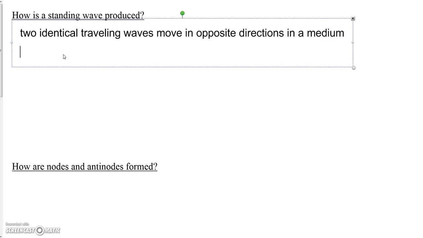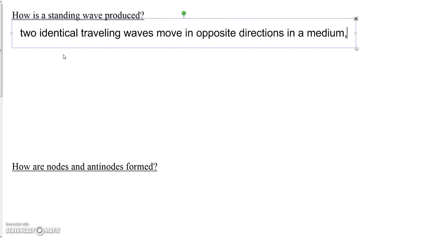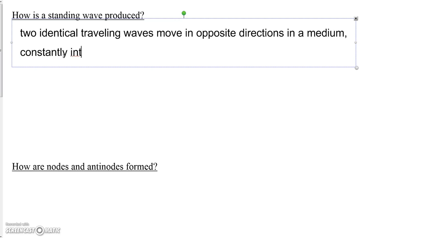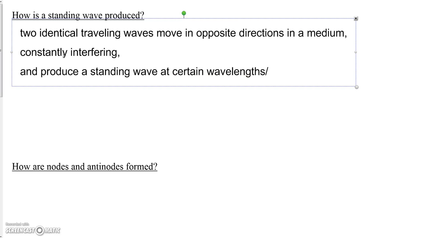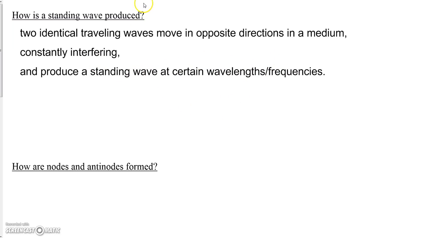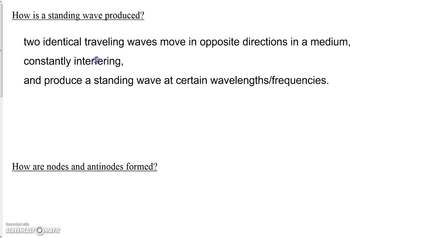But those two identical waves, let's say comma, they're constantly interfering. And they produce a standing wave at certain wavelengths or frequencies. Remember, only certain wavelengths or frequencies because of the boundary conditions. So this is how a standing wave is produced.